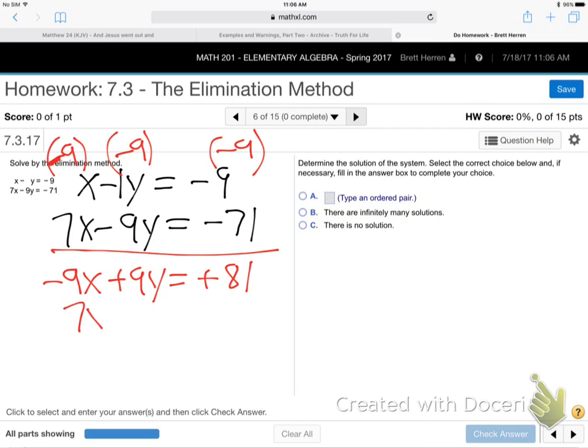Good for the top one and the bottom one, we just bring it down, no changes. All good. Now add them up. The y's will eliminate. I think you get x equals negative 5. Plug that in for y.